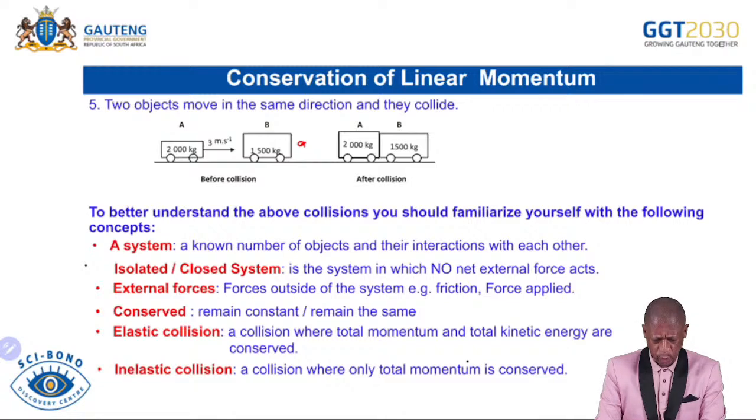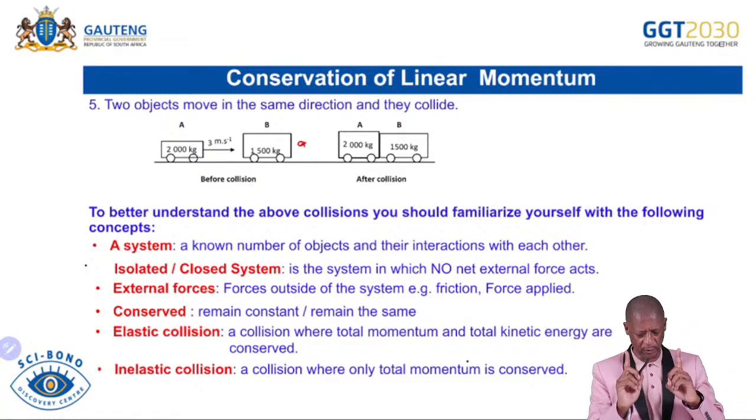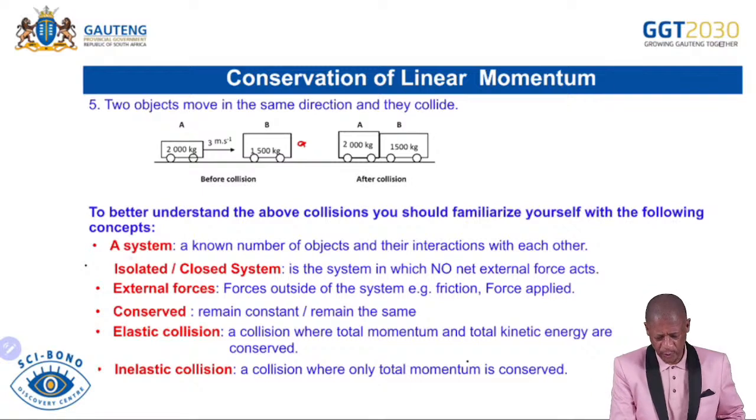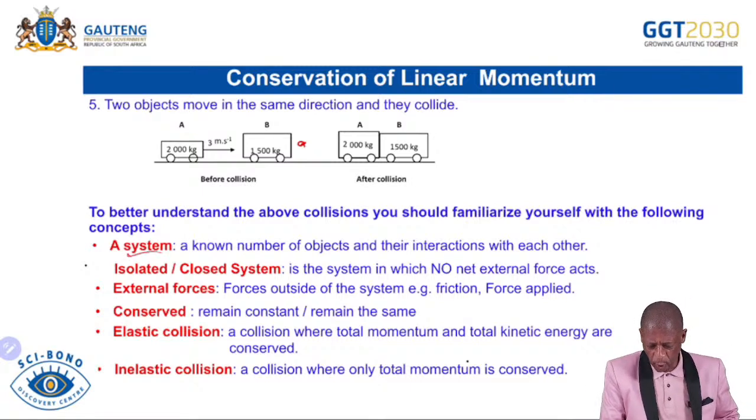Now, to better understand the above collisions, you should familiarize yourself with the following concepts. We spoke about them in our definitions. We spoke about the system. What is a system?